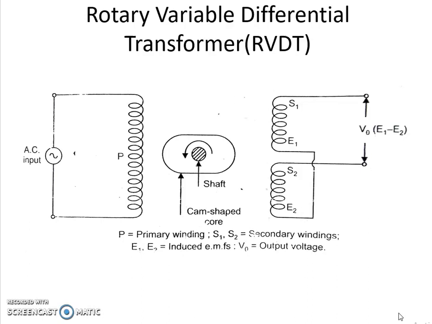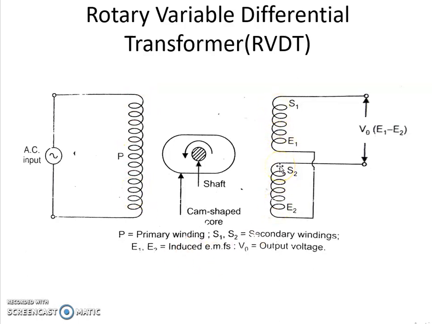The working or operation of both LVDT and RVDT remains the same, and their construction is also the same except for the construction of the core. As we can see here, the RVDT consists of one primary winding and two secondary windings.